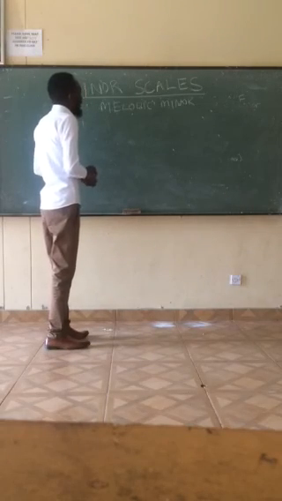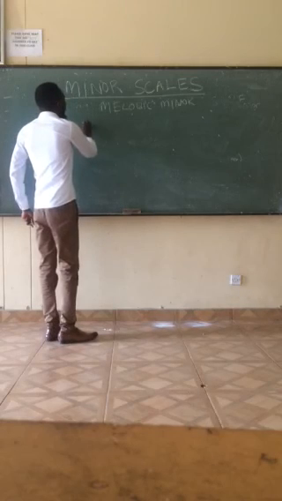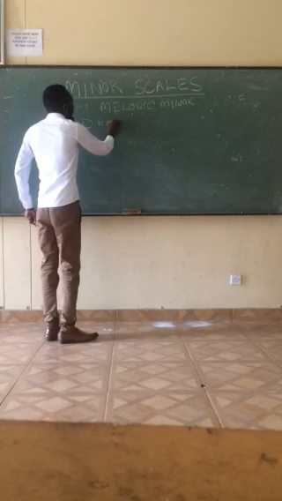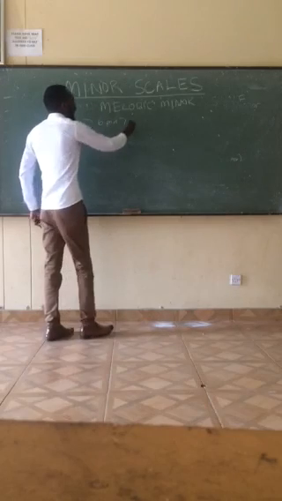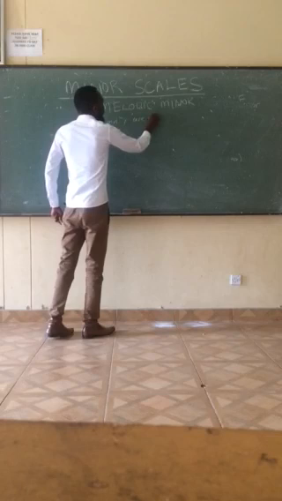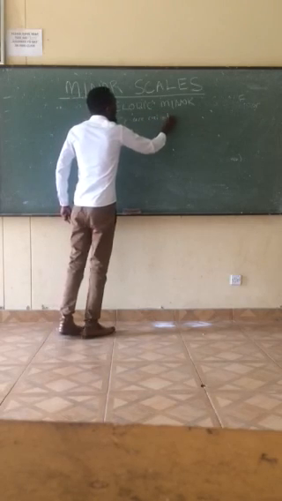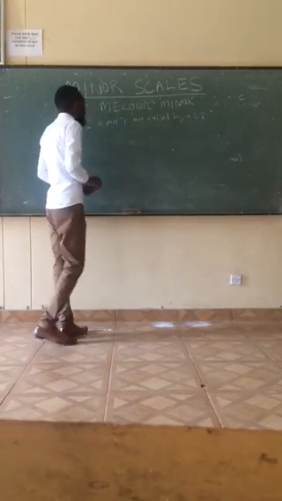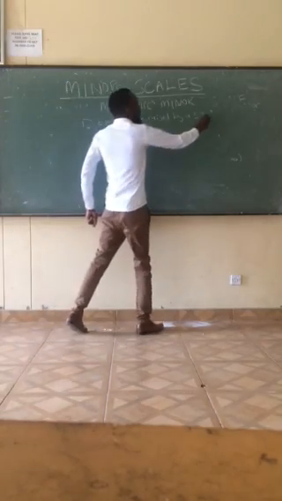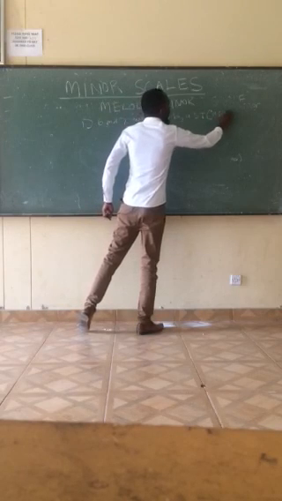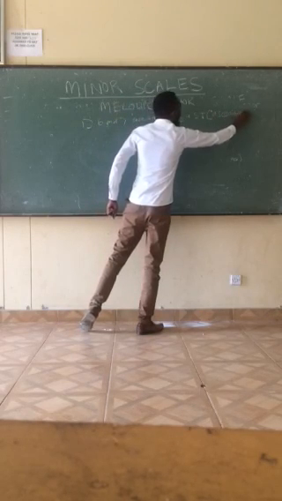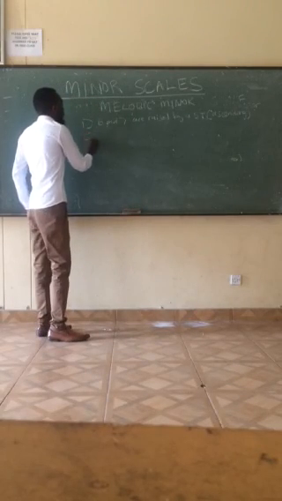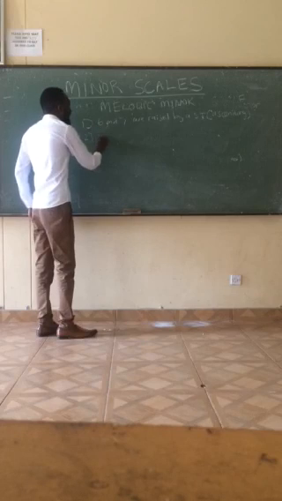So in melodic minor, notes 6 and 7 are raised by a semitone when we are ascending, that means going up the scale.